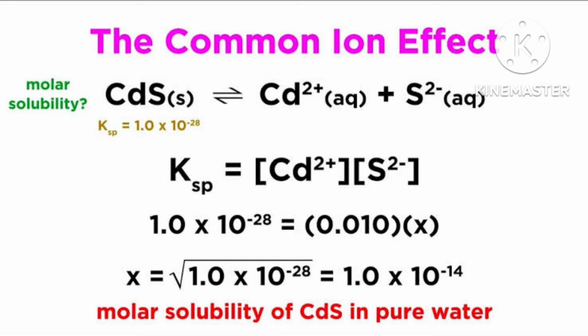If you add HCl in this situation, what will happen? Chloride ion will increase. The chloride ion was already there from NaCl, but now that you have passed HCl, more chloride ion increased.